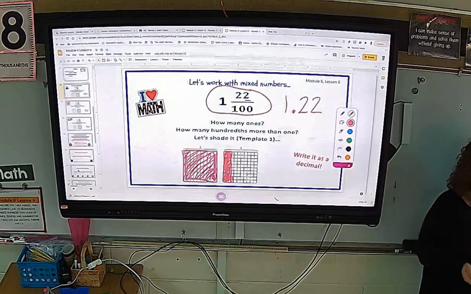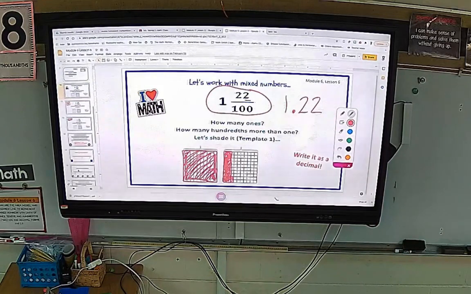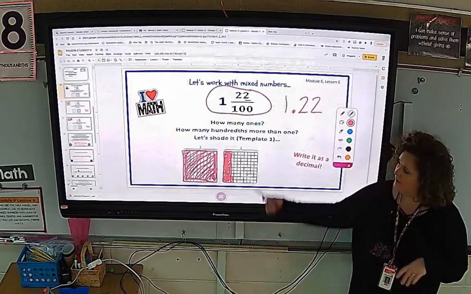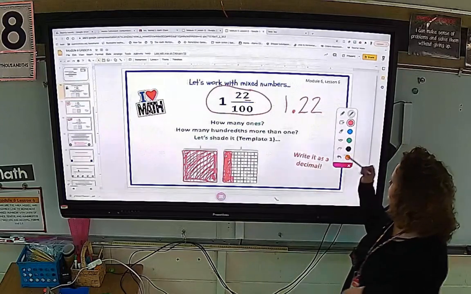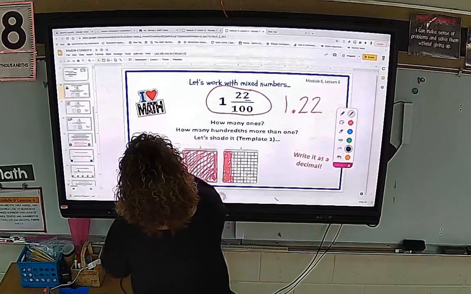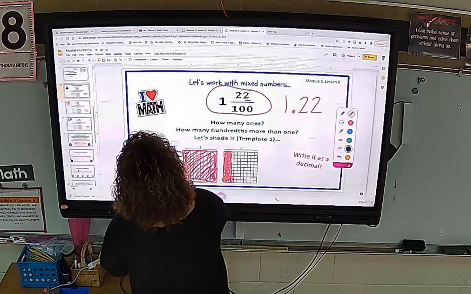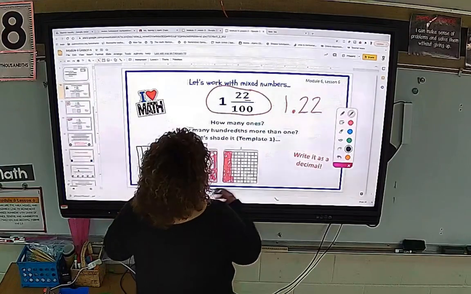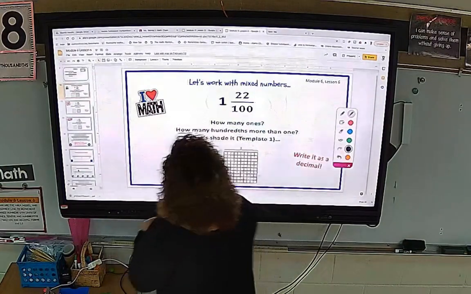Now, you don't have the same type of boxes that I do. At first I didn't like that, and then I thought, no, this is good because this gives y'all practice doing it that short way that we talked about. What would it look like? If all you have is a box that has tenths, let me draw another one right here.